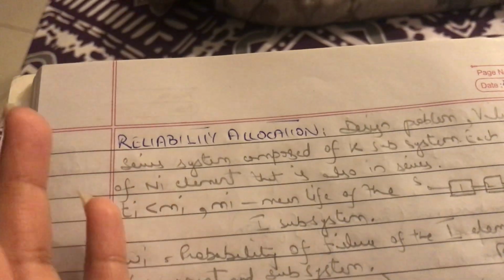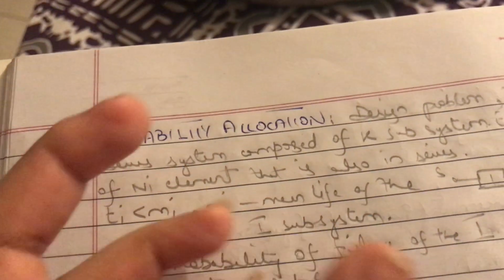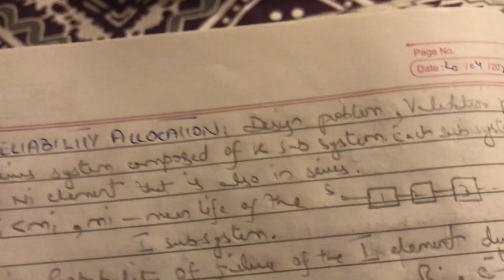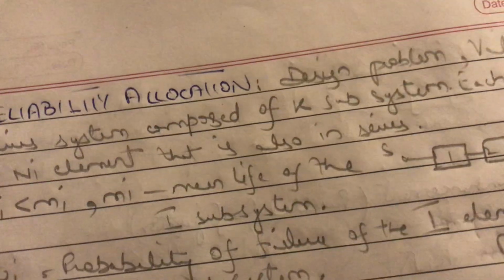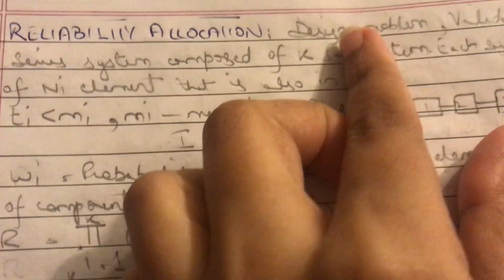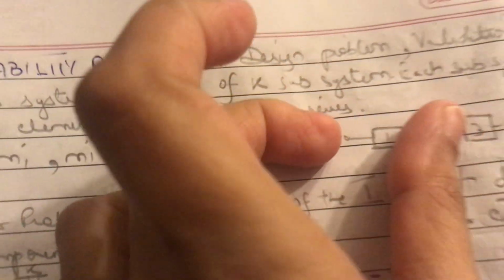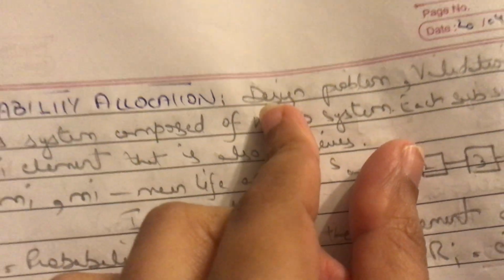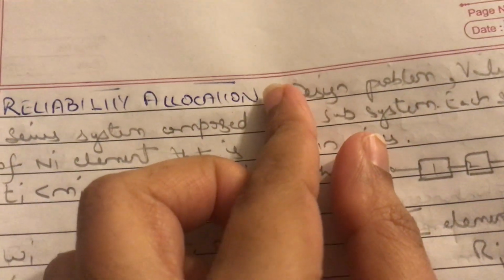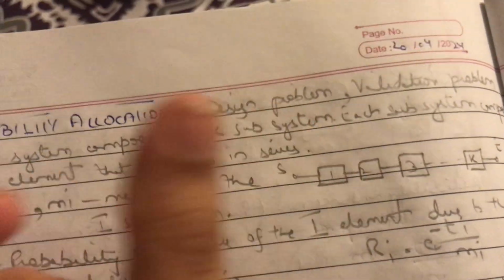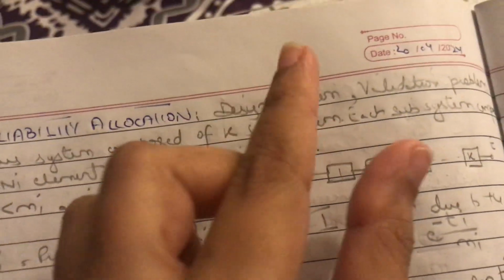These two things are the main focus of our RBD, of our item. So we have to work on the design and validation of our product.